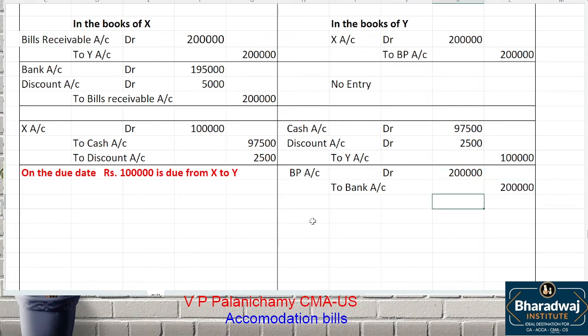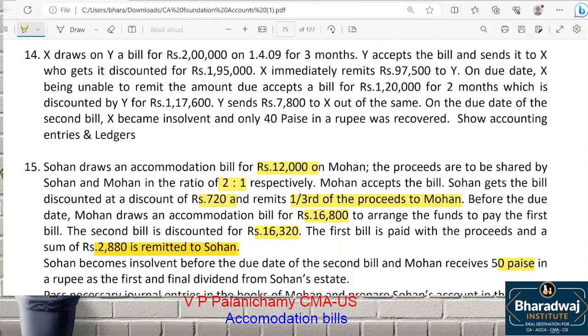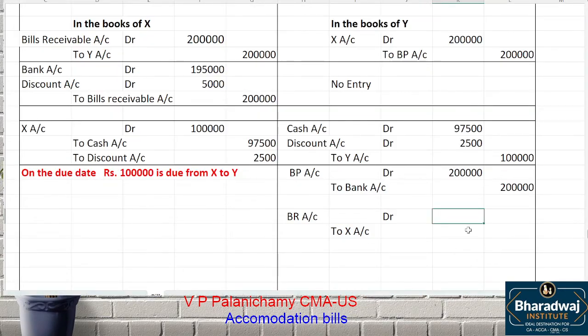Second bill is drawn by this party. Bills receivable account debit to X account. How much? What is the second bill value? 1,20,000. We are accepting the bill.